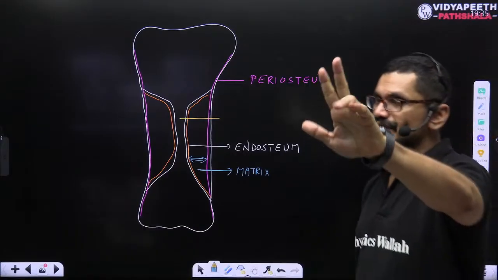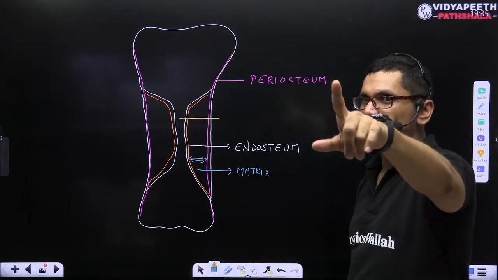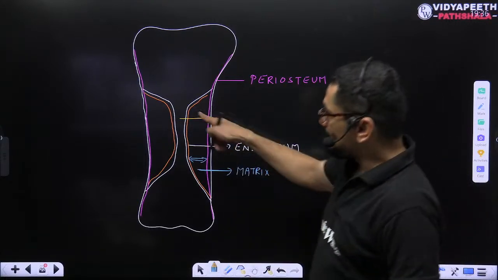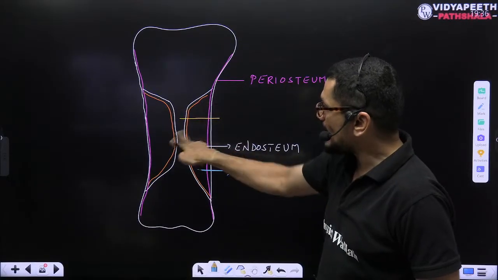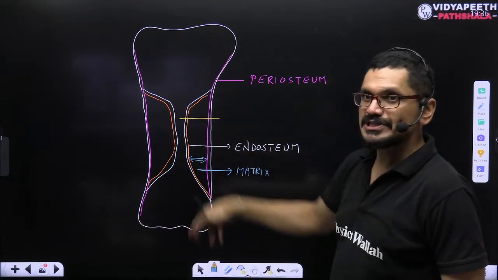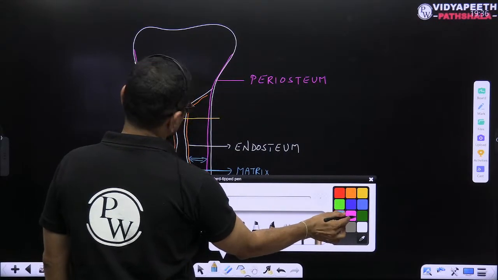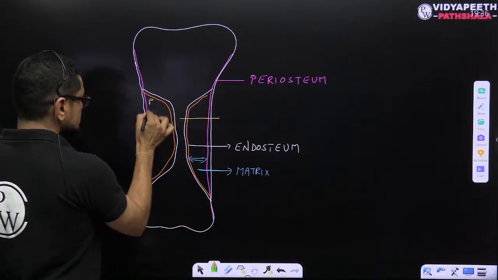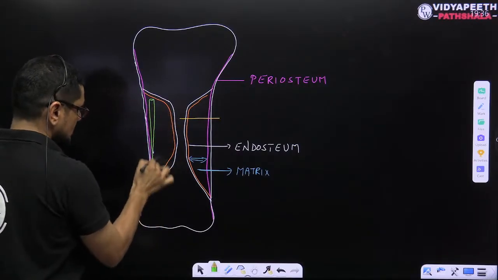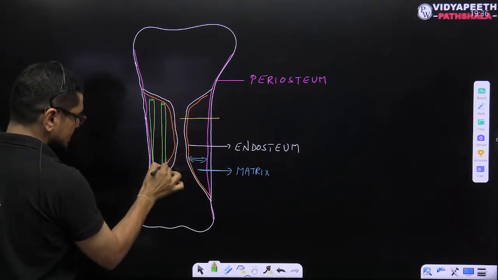Right. Now see here. A very important point I am going to explain now. Everybody please see the board. Parallel to this bone marrow, I will represent some tubes. So here I have represented one pipe, and here another pipe.